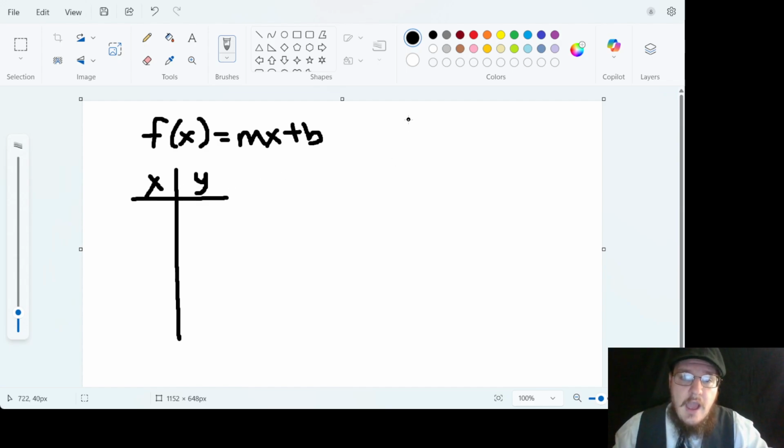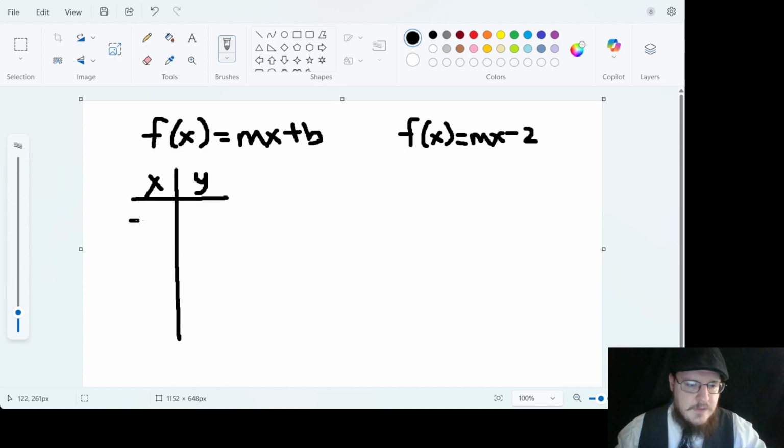So, I'm going to establish a function f of x equals mx minus 2. Okay? And write in our x values here. We are going to need to solve what m is.